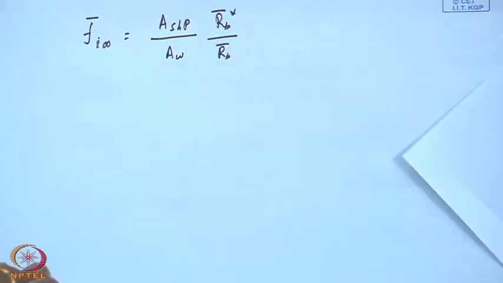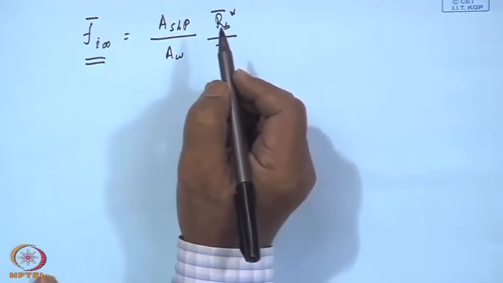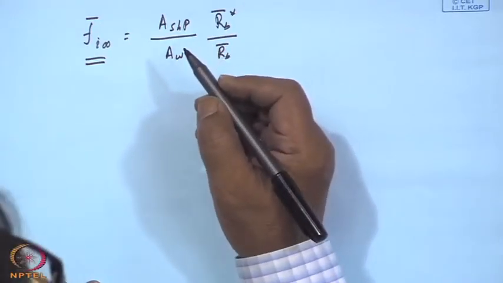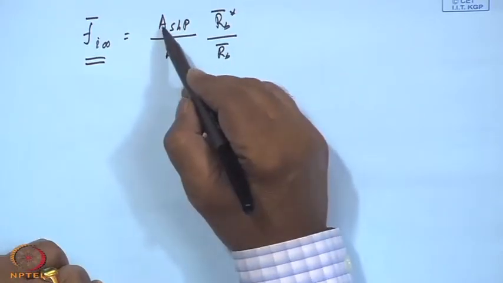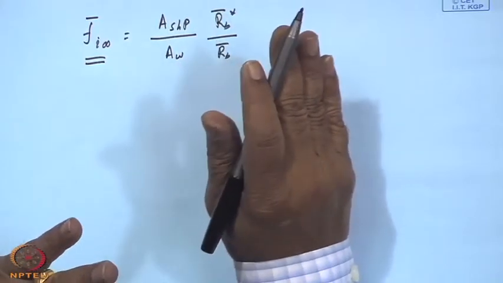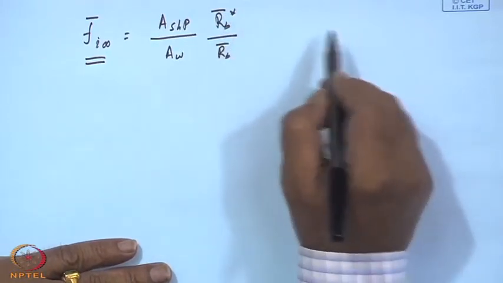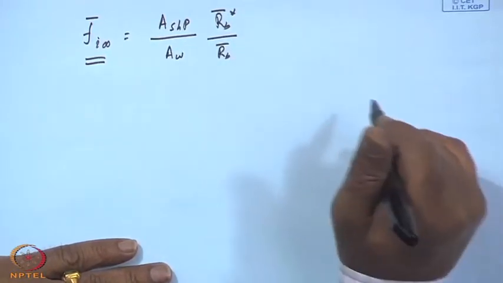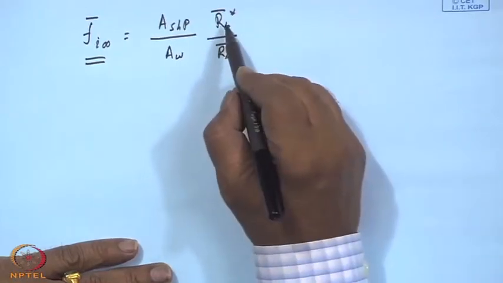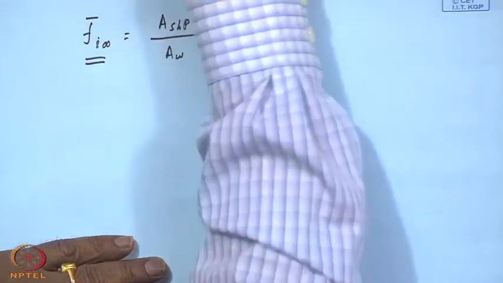In other words, the concept of the shading plane has been brought into the monthly average daily shading factor F_i bar infinity, which is the ratio of the shading plane to the window area, which is purely geometric, and R_B bar star represents how long the projection is and what is the height of the window, and R_B bar is for the simple window.